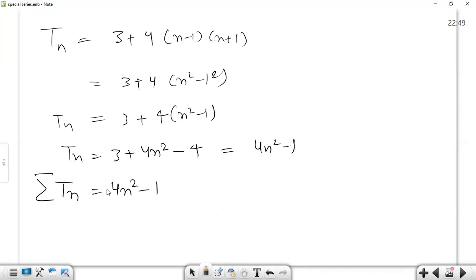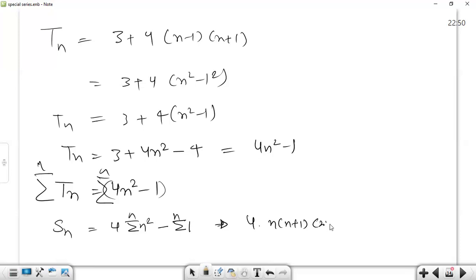Let's operate summation. Let's find the summation till n terms. So this becomes S of n, the sum of n terms, and on the right hand side this becomes 4 into the summation of n square minus the summation of 1 till n. The sum of squares of the first n natural numbers is n into n plus 1 into 2n plus 1 divided by 6, minus the sum of 1 till n, which becomes n only. So 4, 2, 3: 2 2s are 4, 2 3s are 6.